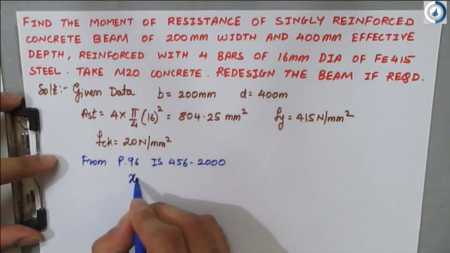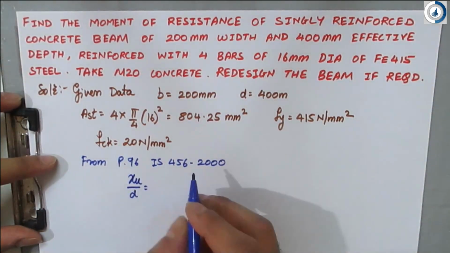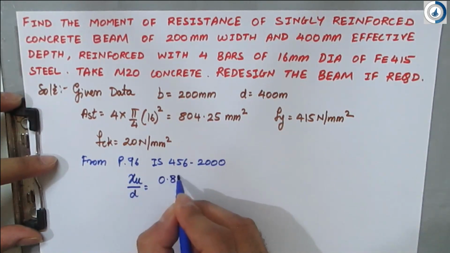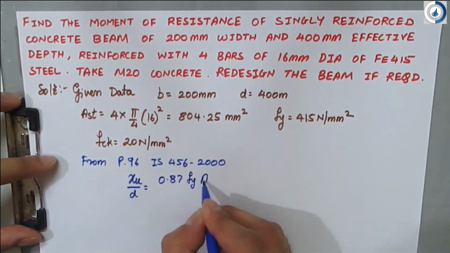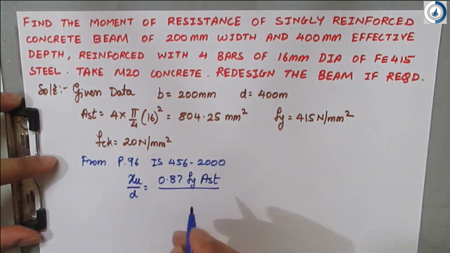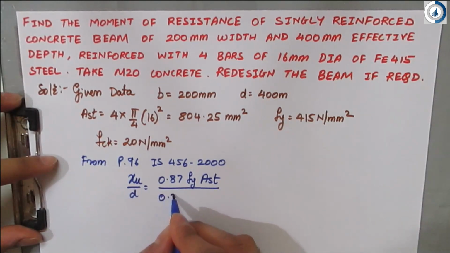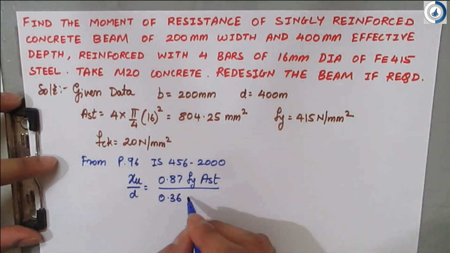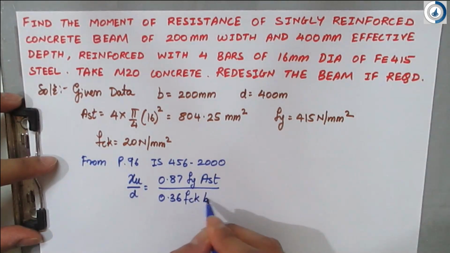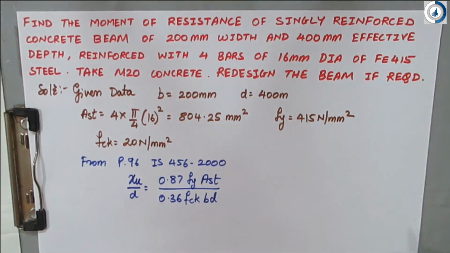xu by d equals 0.87 fy Ast divided by 0.36 fck b d. This is the equation.